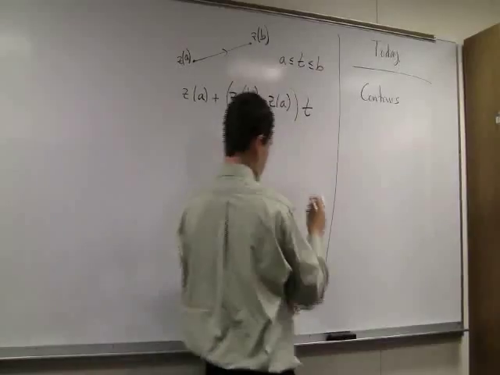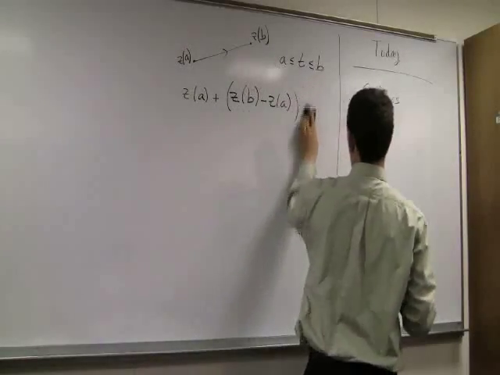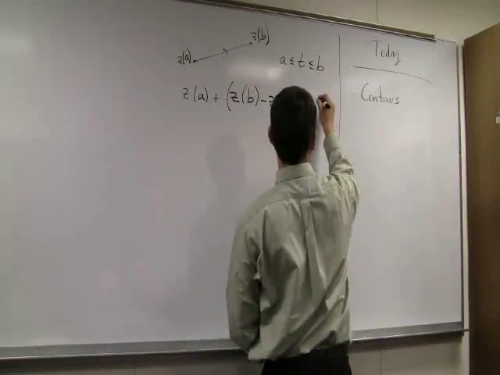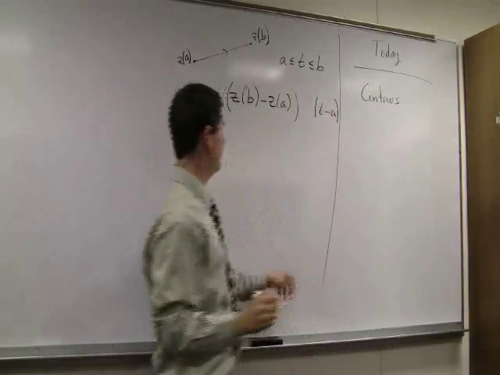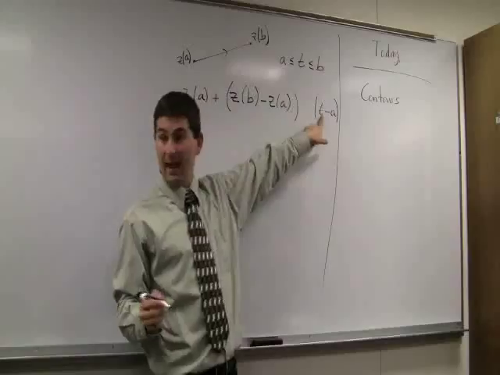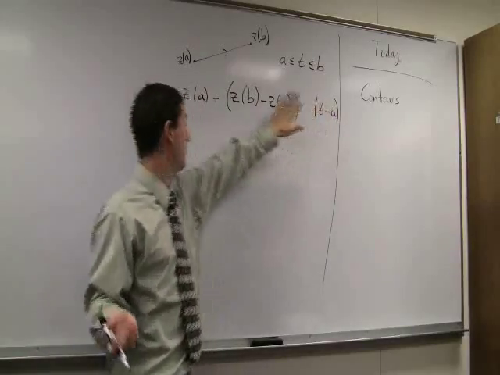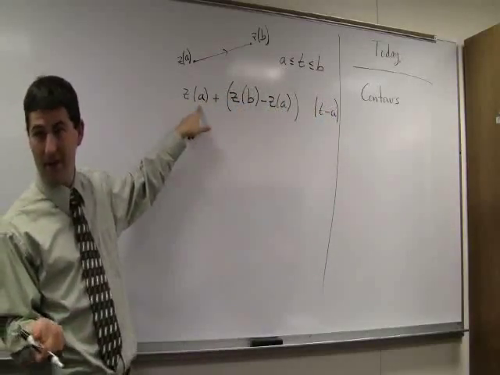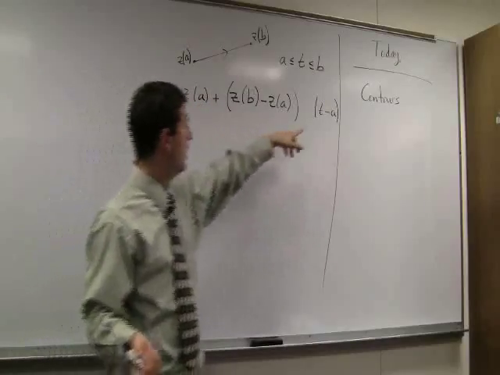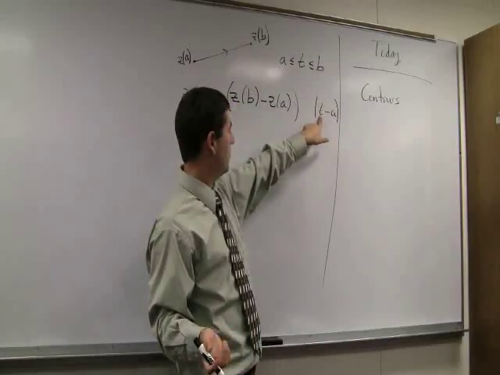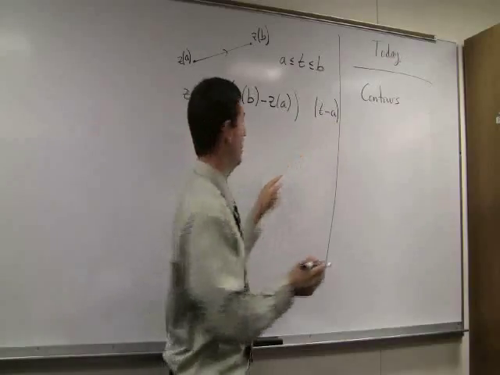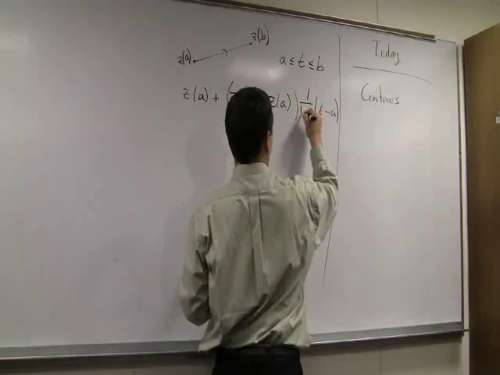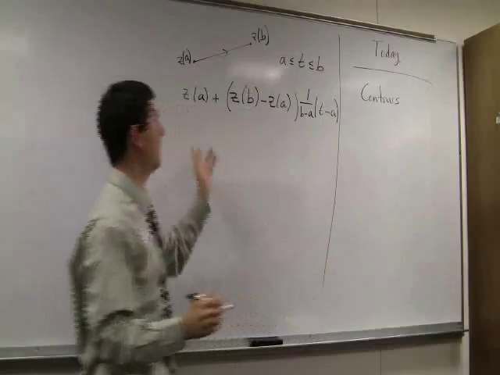Well, it still should be the case that t minus A times the reciprocal of B minus A. At A you want this to be 0, so that the whole term goes away, and you're left with Z of A. At B, right, well you want it to be 1, so this would be B minus A, so you better multiply, as Christina said, by the reciprocal. You can put a 1 over B minus A in there. Okay, and that would do it.